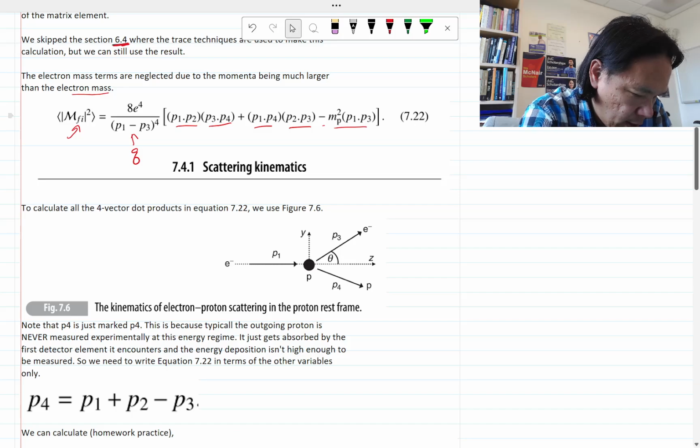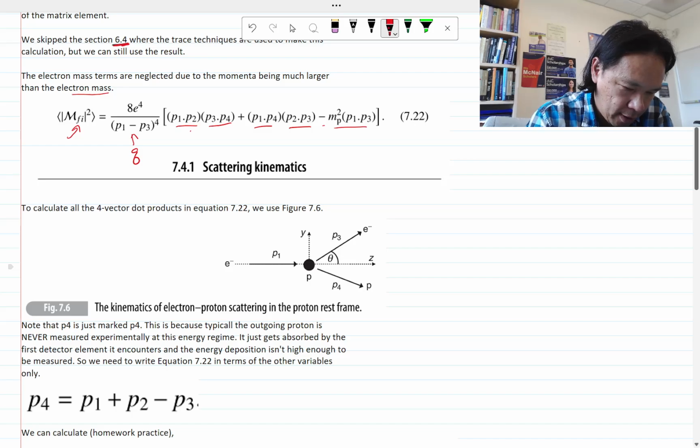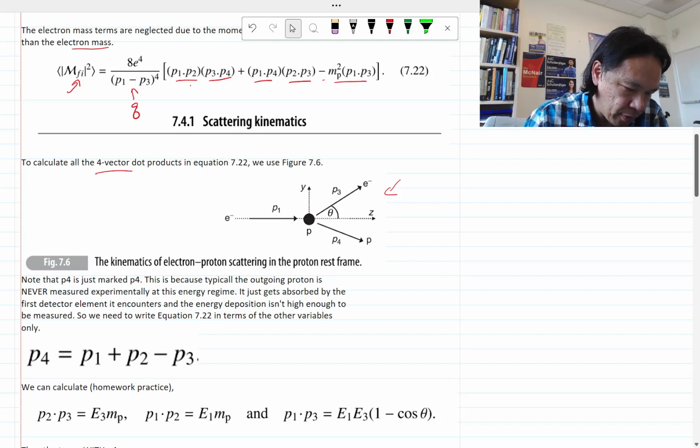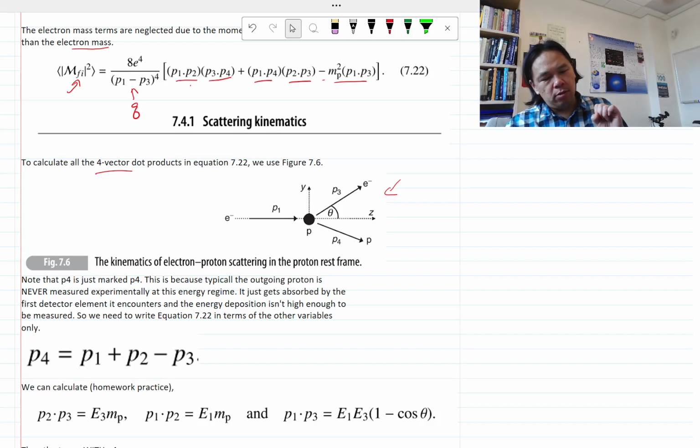Okay, so to deal with all these dot products, these are 4-vector dot products. This is the picture I just drew up top. What tends to happen when you try to measure this experimentally is that you know exactly the angle and the energy of the electron coming in.